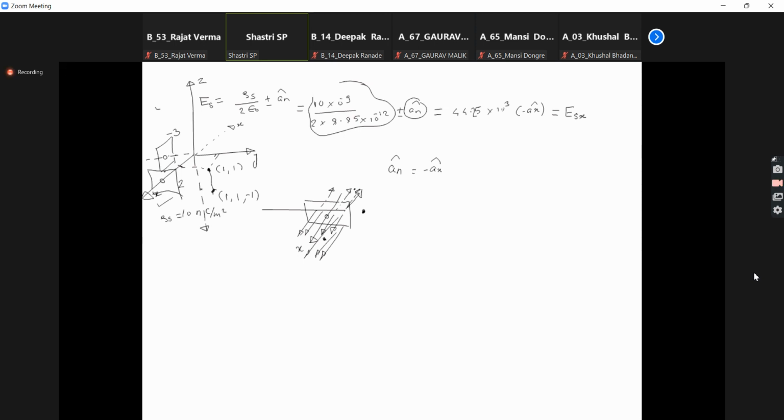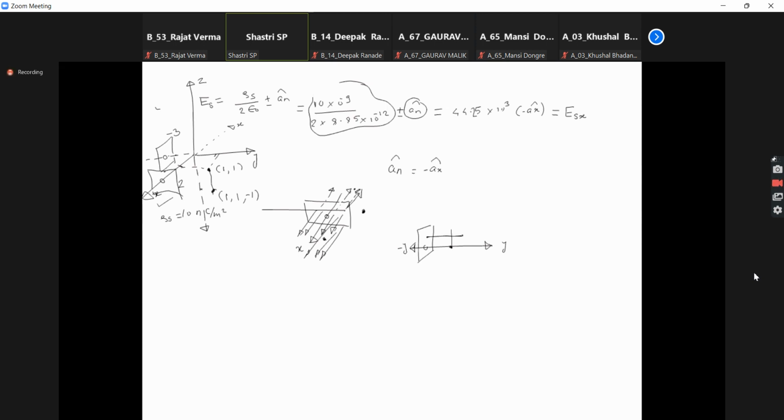Similarly, you have to try for the other sheet. So I will draw it here. This is the y-axis. This is the origin. So the other sheet is present here, like this. This is the minus y-axis. The field is always normal to the surface.